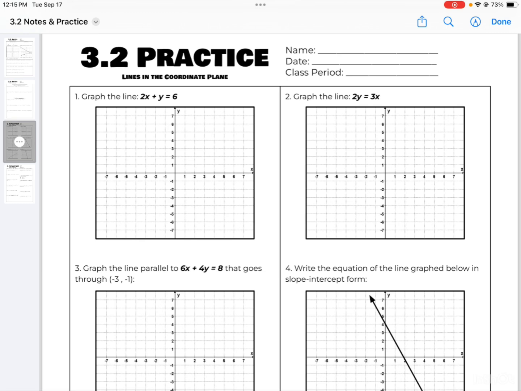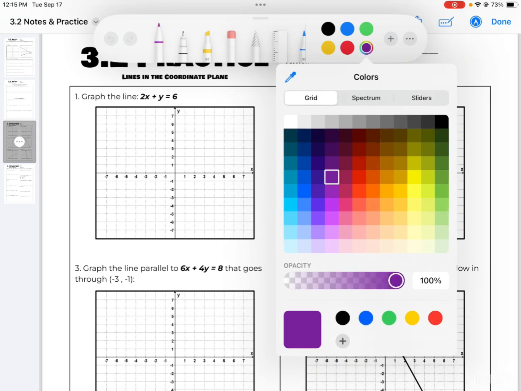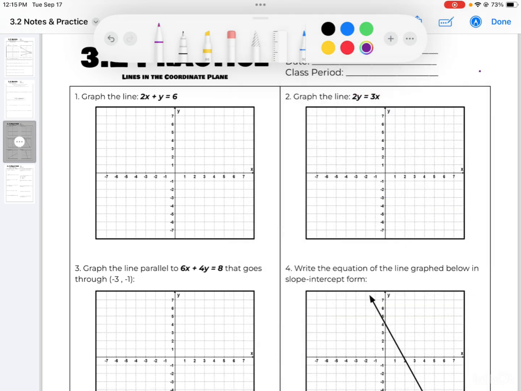I think the important things to note from this lesson in general and from 3.1 would be that if you have 2 points, you can find the slope, okay? If you have 2 points, you can find the slope. If you have 1 point plus the slope, you can use the point slope form.